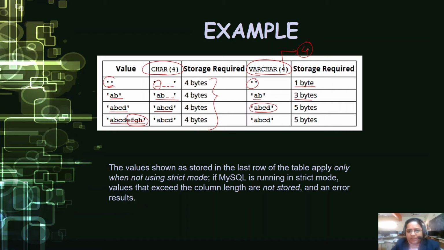The values shown in the last row of the table apply only when not using strict mode. If MySQL is running in strict mode, values that exceed the column length are not stored. Usually strict mode is not followed by default in MySQL.